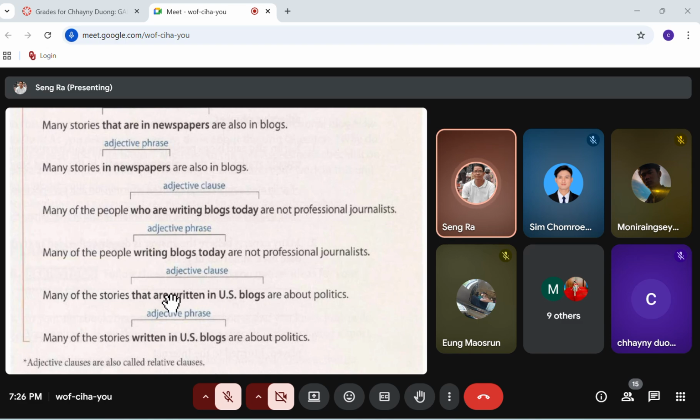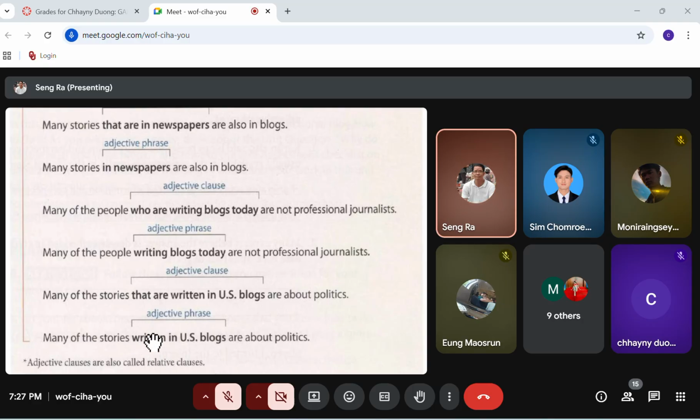It has a passive meaning. Stories that are written, not the story writes, but the stories that are written in the US. To reduce it to an adjective phrase, you can say many of the stories written in the US blogs are about politics.